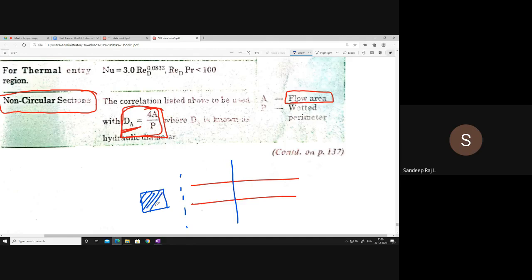This is what you call a flow area. Is it clear? Area with which the fluid is interacting means this whole thing you have to take.